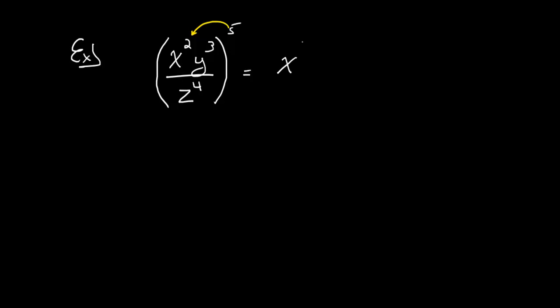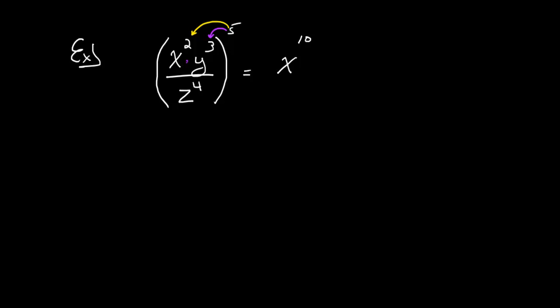Let's say we have x squared y cubed all over z to the 4th, and I'm going to raise this all to the 5th power. So what does that mean? This 5 has to be multiplied by this 2. So that's going to give us x to the 2 times 5 power, which gives us a value of 10. This 5 must be multiplied by the 3.